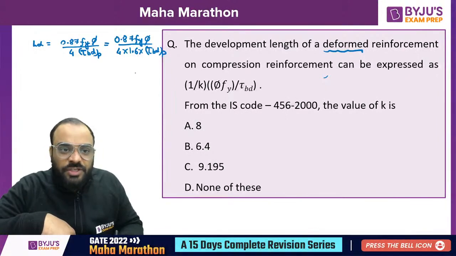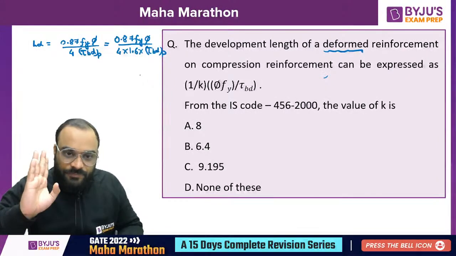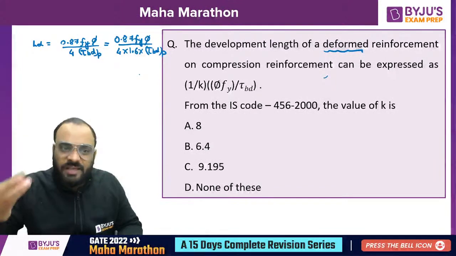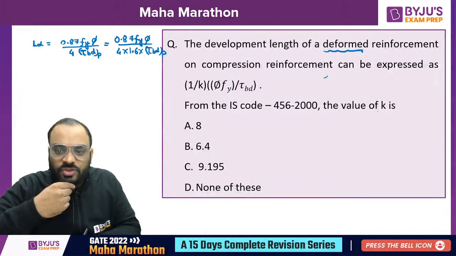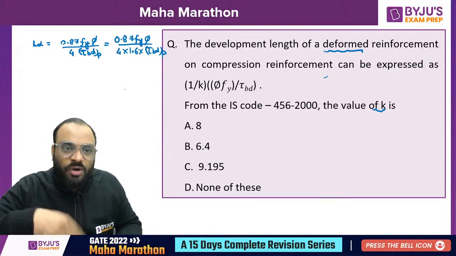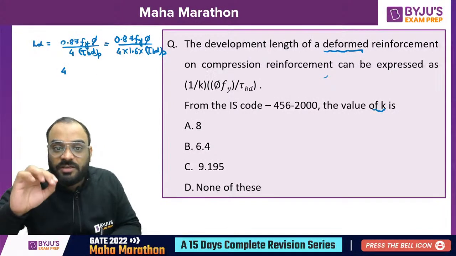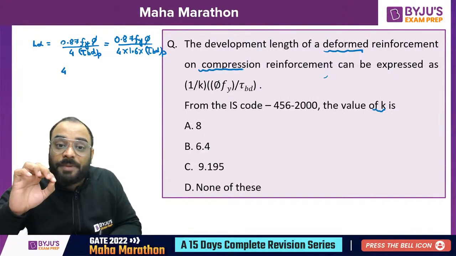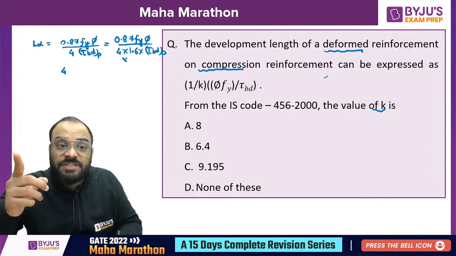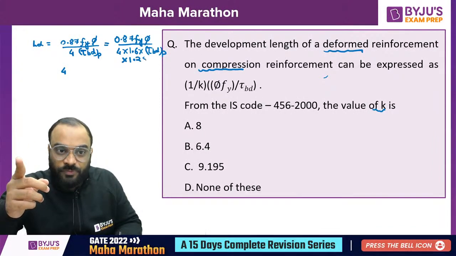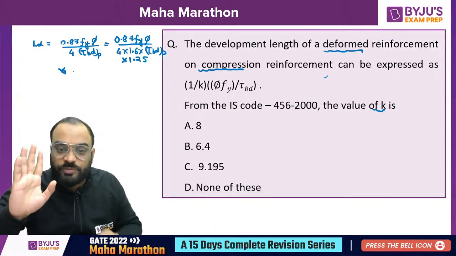Now, guys, you need to calculate the value of k directly, not 1 by k. So what is the value of k? In this particular case, they have used the compression reinforcement, so we need to increase the value by 25% also. This is not the tension reinforcement, right?